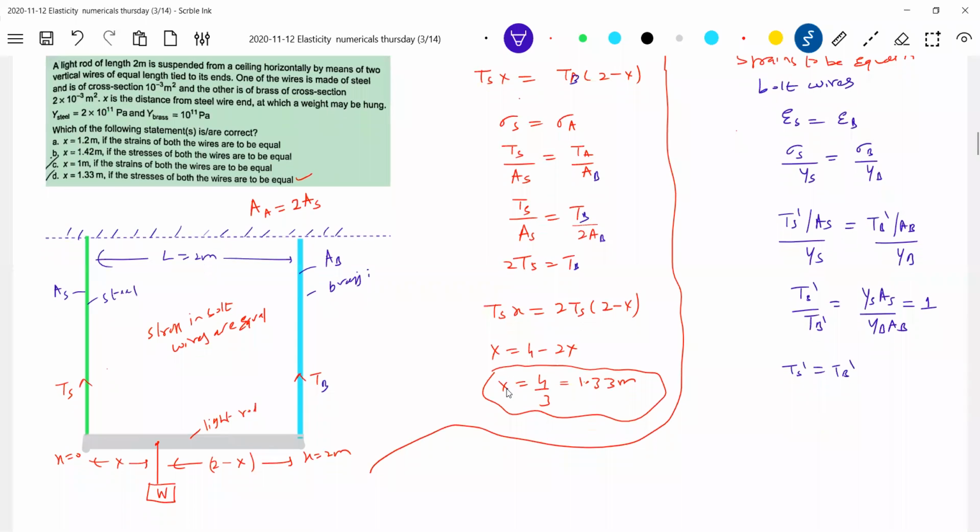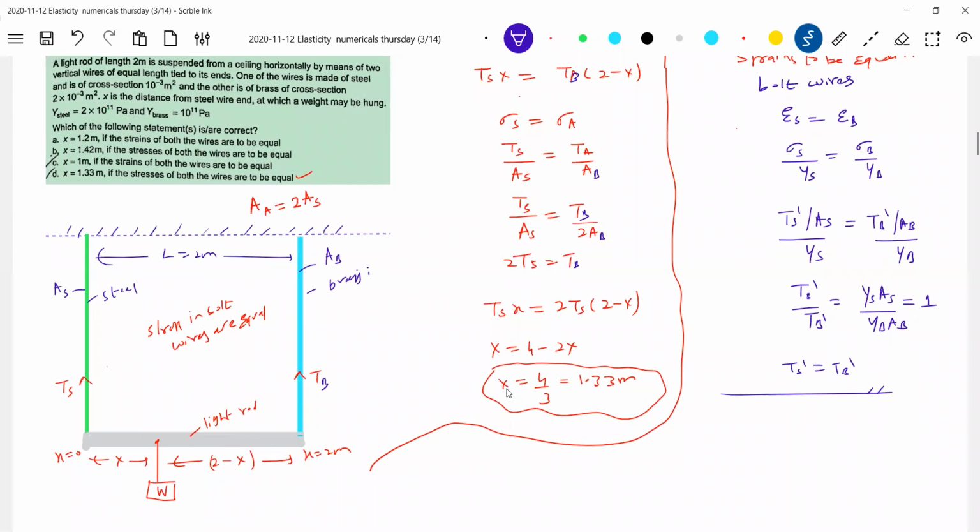I'll give a small diagram. Okay, fine. So it should be hung at the midpoint here.